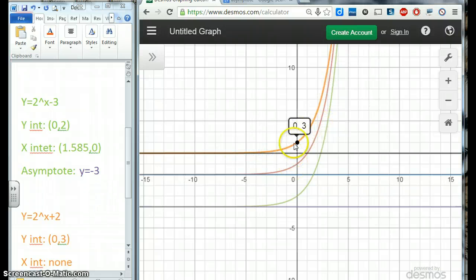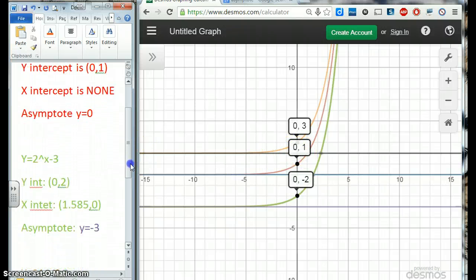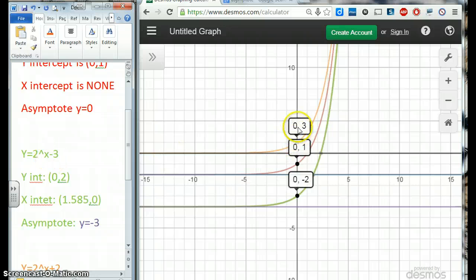This one is shifted 2 units up, and the green one is 3 units down from the original. The asymptote is here. The red one has a y-intercept, and the green one has a y-intercept. So there's the y-intercepts right there. The y-intercept for the red one is (0, 1). The y-intercept for the green one is (0, 3).